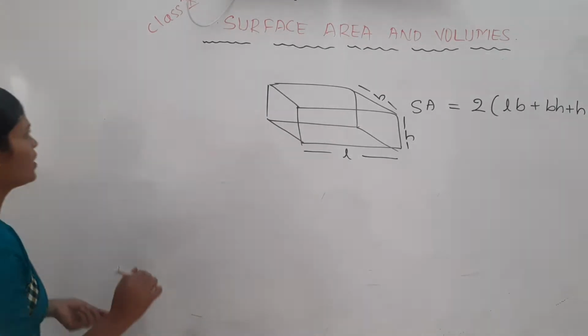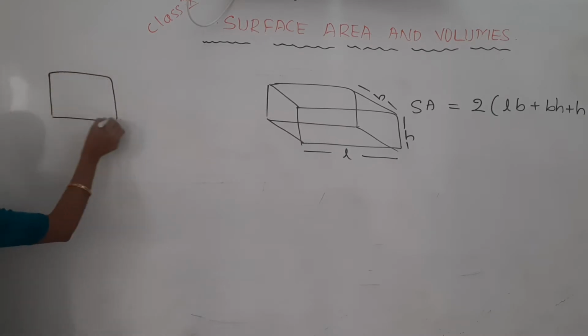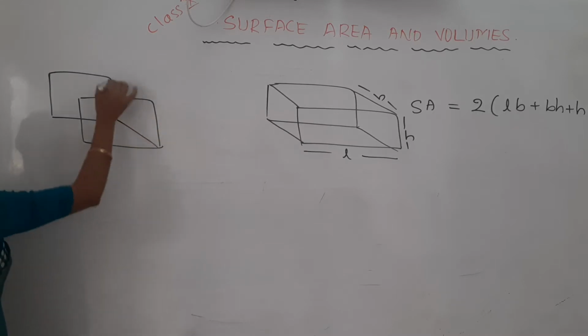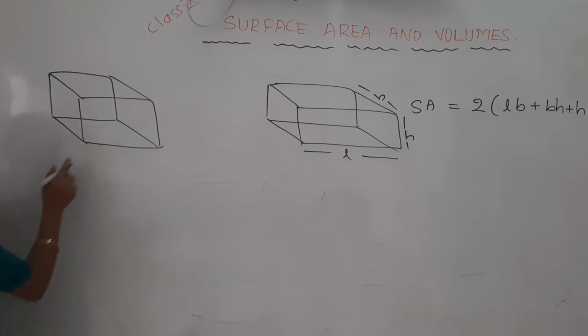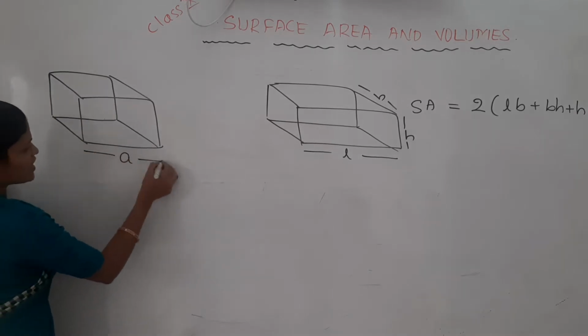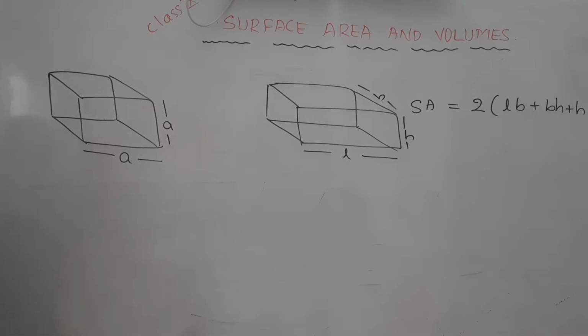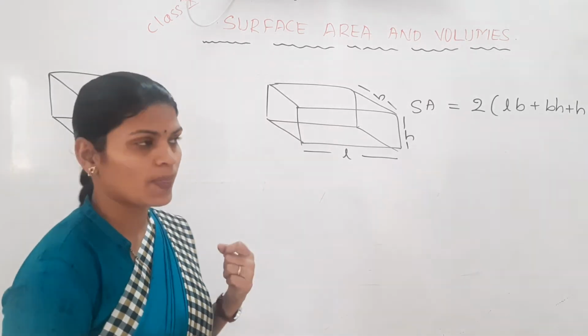In the same way, surface area of a cube. Cube means all its faces are in square shape. There are 6 squares here. All its sides are equal to a. Then how will we find the surface area of a cube?